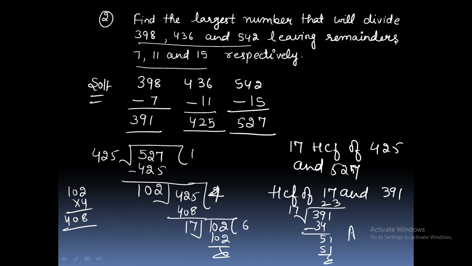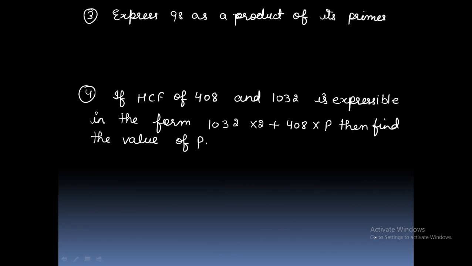You can see here the HCF of all these three numbers is 17. You can find it by the prime factorization method or the division method. The same answer will be got by you.